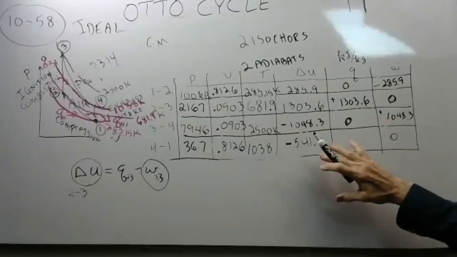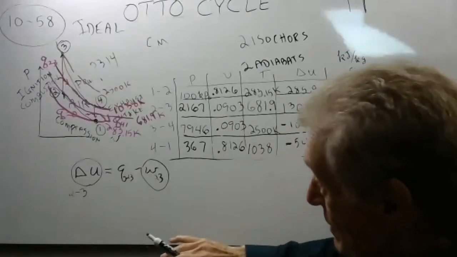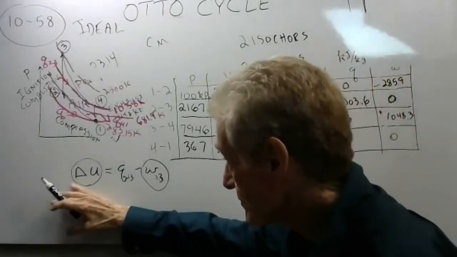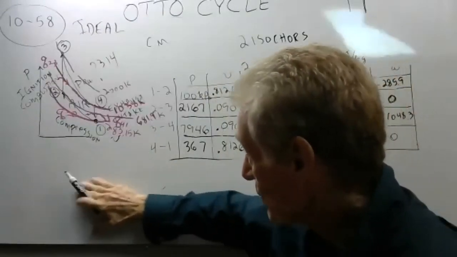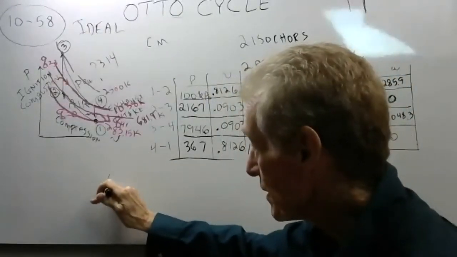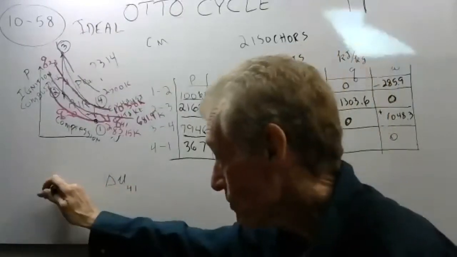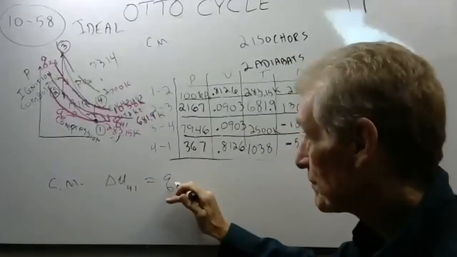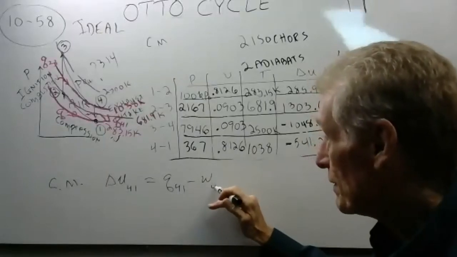Now let's go to process 4 to 1. Now in process 4 to 1, let me rewrite it here. We're going to write the first law of thermodynamics for control mass, which is what we have. From 4 to 1.